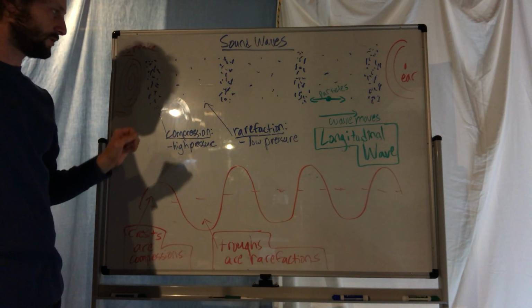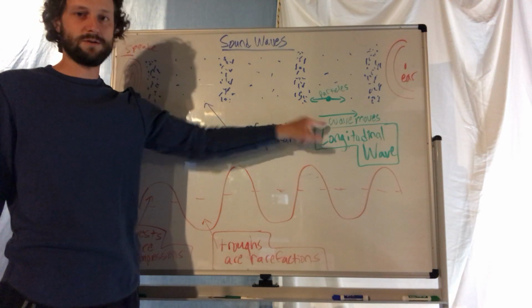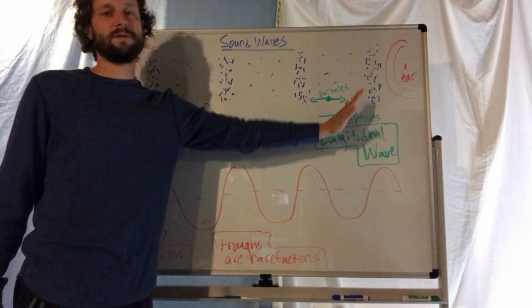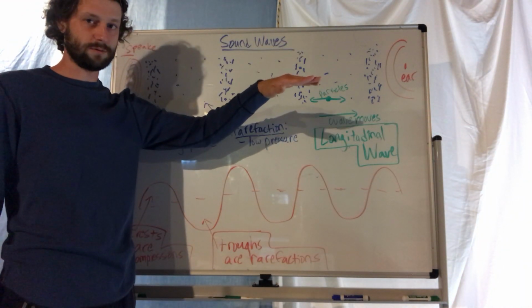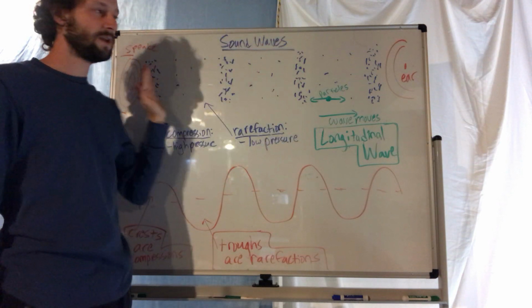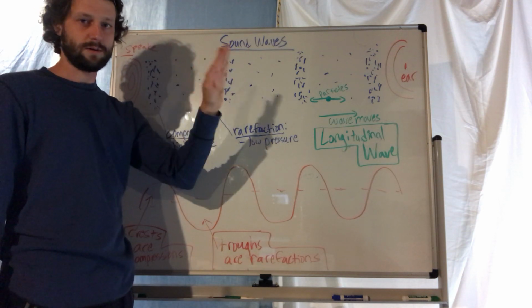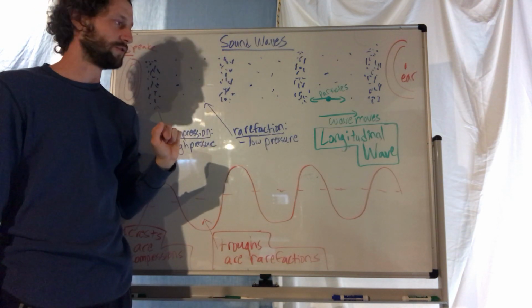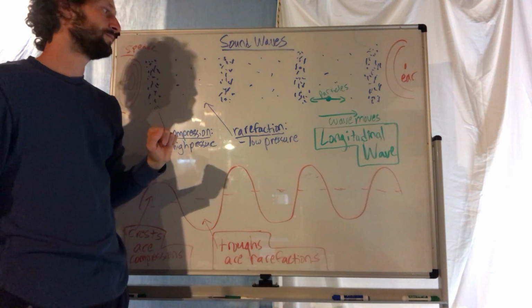So the particles move in and out, which is parallel to the way the wave moves, which is left to right. The particles don't go up and down like water molecules. That would be a transverse wave. Instead, the particles move in and out, and that in and out bumps into our eardrum to make us feel pressure and then perceive sound.